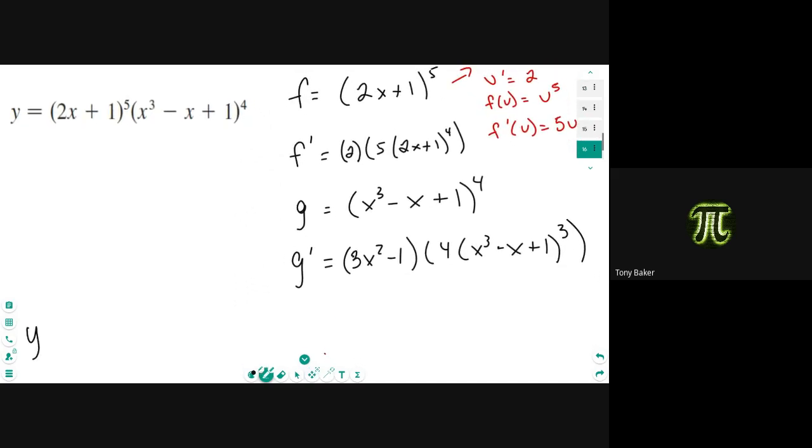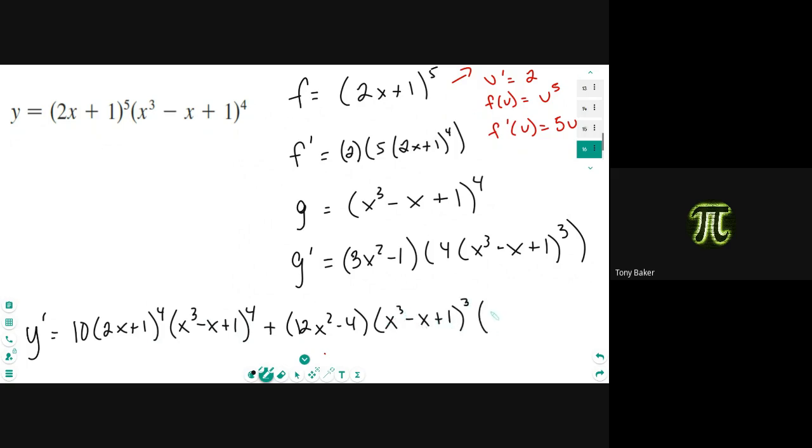So your y prime will be 10 times 2x plus 1 to the fourth times x to the third minus x plus 1 to the fourth, plus 12x squared minus 4 times x to the third minus x plus 1 to the third times 2x plus 1 to the fifth. And you can leave it just like that.